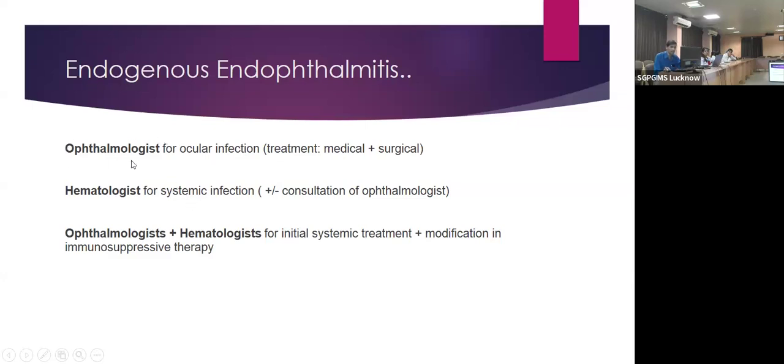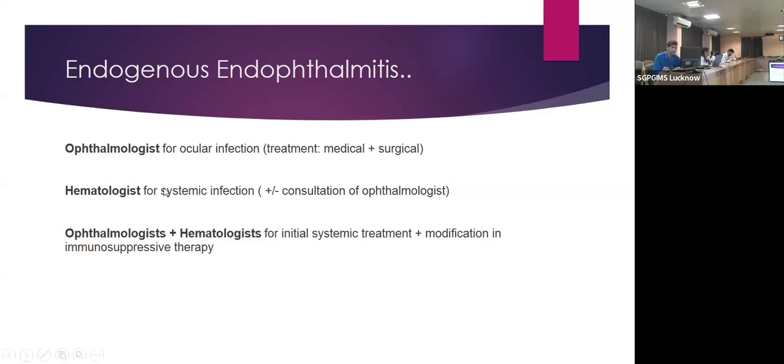So when we report that the patient has this endophthalmitis, then the hematologist also comes into the role, because the eye infection has come through the blood stream from somewhere else in the body, and it is the job of the hematologist to search and identify those loci or locus from where this infection has come through the blood stream into the eyes.